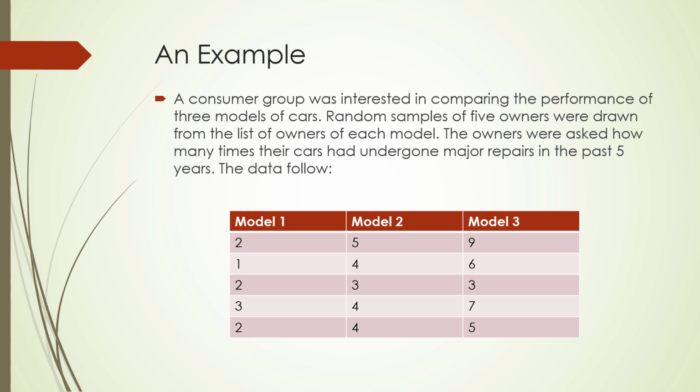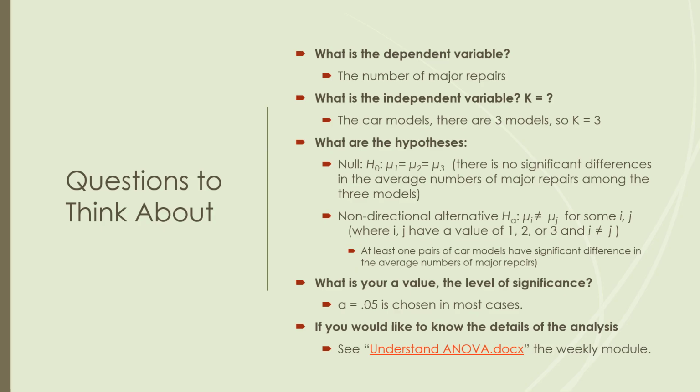In this example, can you tell what the dependent and independent variables are? The dependent variable is the number of major repairs. The independent variable is the car model, which has 3 categories, so k equals 3.